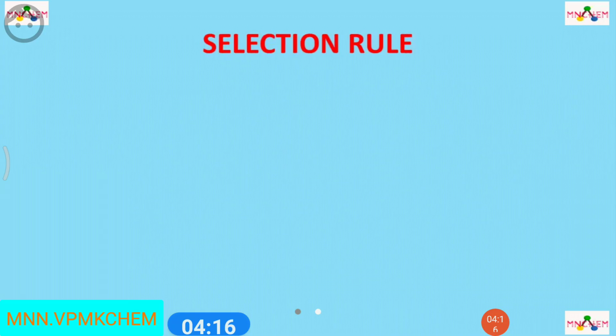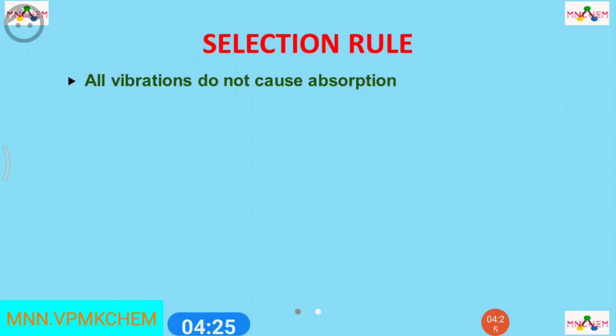Now we need to also understand selection rule observed in the IR spectroscopy. We have discussed there are different fundamental modes of vibration for a molecule, which can be calculated by using formulas like 3n minus 5, 3n minus 6.